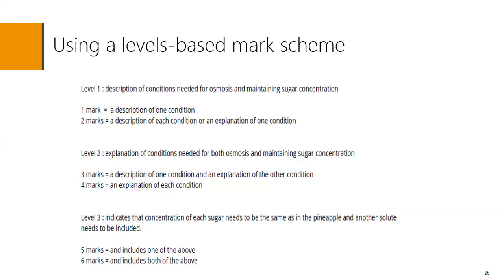So, for instance, if they stated all the conditions, but they didn't give any explanation, then they are limited to level 2, no matter how well they describe the conditions. It doesn't mean that they can't write in bullet points, but it's easier to ensure that they've answered the question correctly if they write in prose.